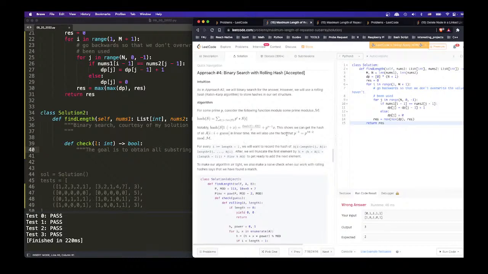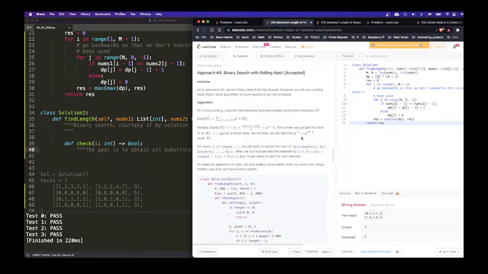We'll also use a fast... I mean, we can just get a hash that goes from first, right?